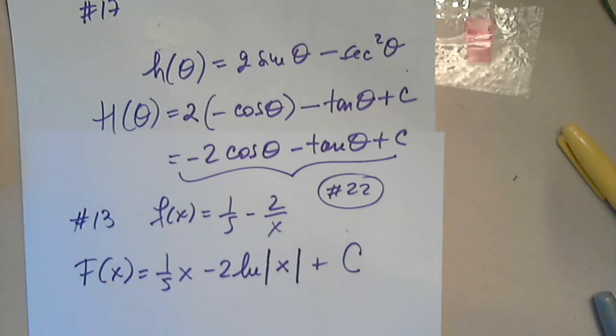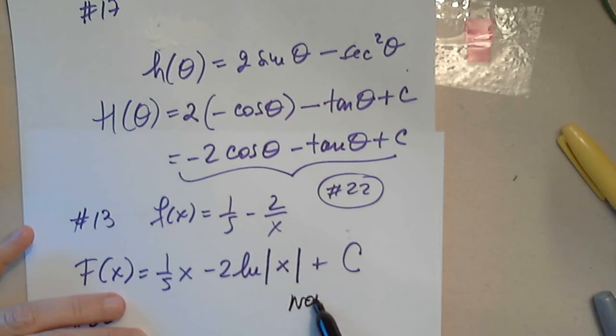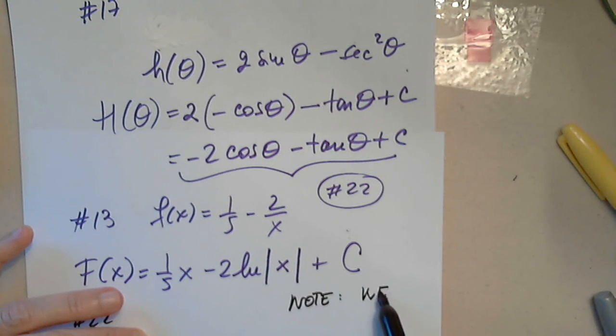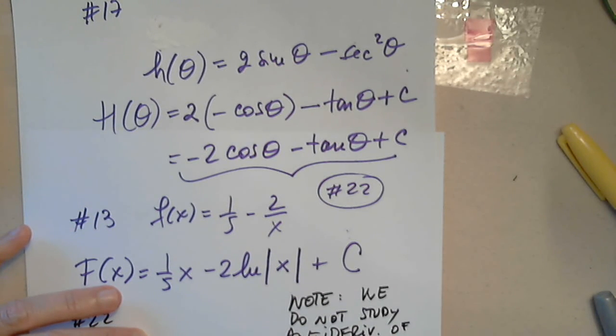Okay, I just want to look at 22 and put a side note. We do not study antiderivatives of rational functions in Calc 1.